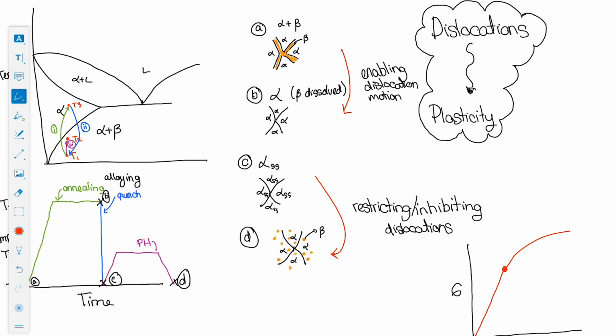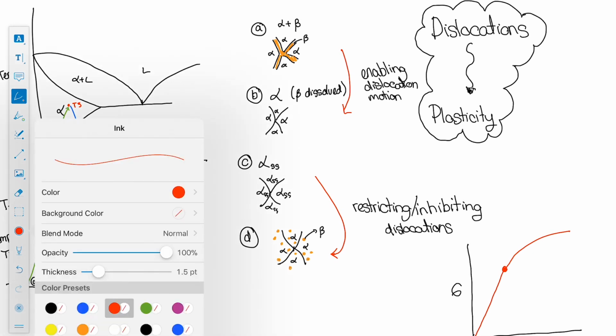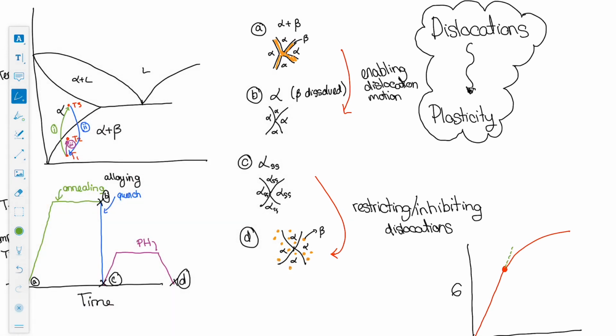If we restrict or inhibit dislocations, we're actually delaying the onset of plastic deformation. So we are shimmying our yield strength up here and increasing the size of the elastic regime and delaying the onset of plastic deformation.